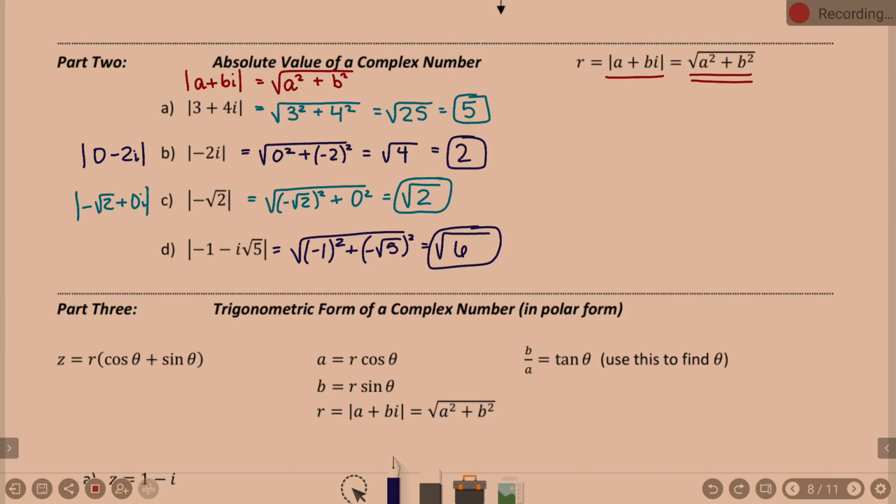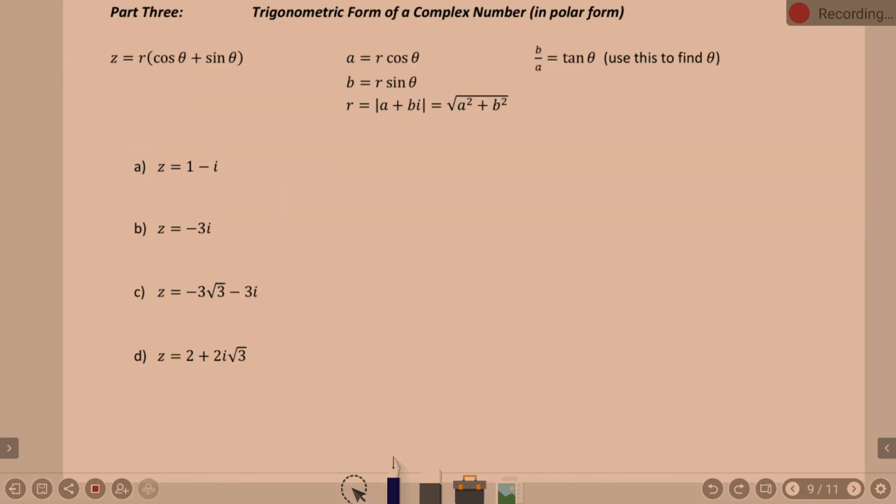Okay. The next part. The whole point of this lesson is we're connecting trig form with complex number form. So we had to learn about absolute value before we could really get into it. So, in order to find trig form of a complex number, now z is what is often used to represent a complex number. Thus, at the top of the page, you saw z equals a plus bi.